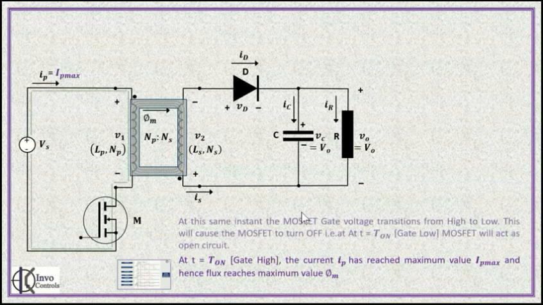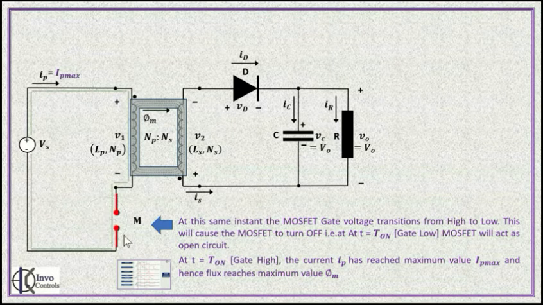Now at this instant, the MOSFET gate voltage transitions from high to low. This will cause the MOSFET to turn off at the instant T equal to T on gate low. Hence the MOSFET will act as open circuit.